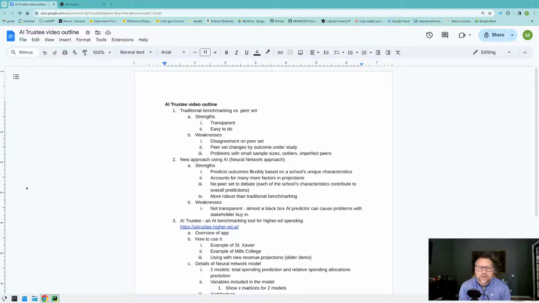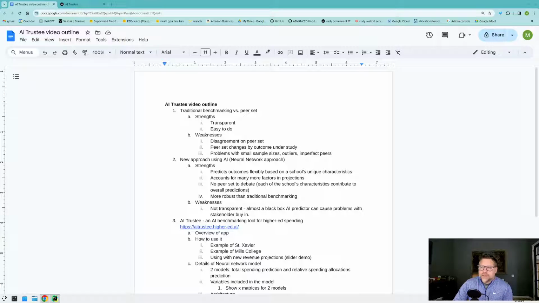So even in the peer set, there's going to be a lot of variation in the size of the school, for example. So what we try to do is, inside the peer set, estimate the predicted value for the target school given its size. Usually that's the kind of conditional mean estimation that we do inside of the traditional benchmarking.